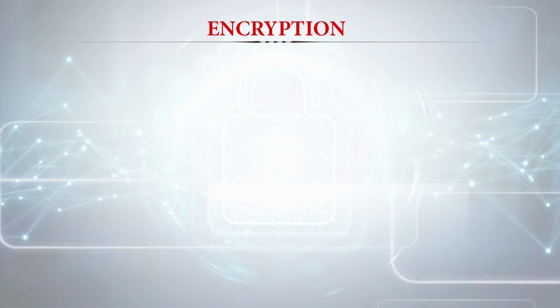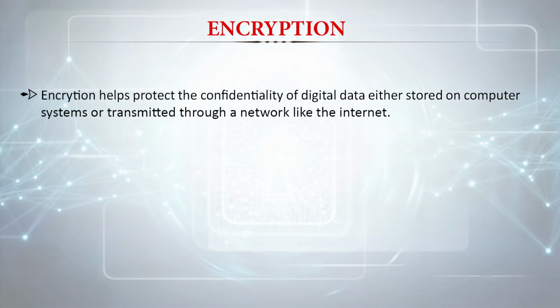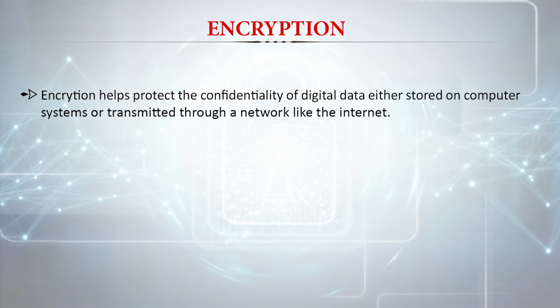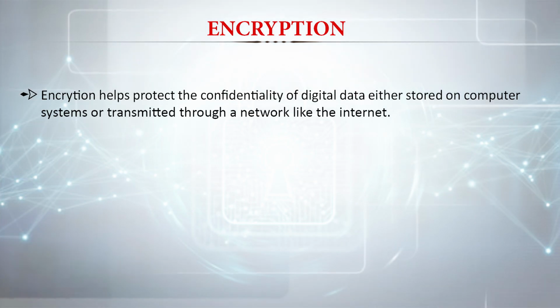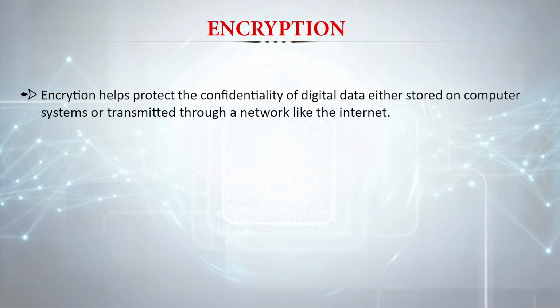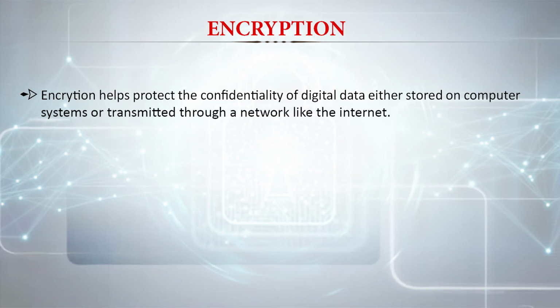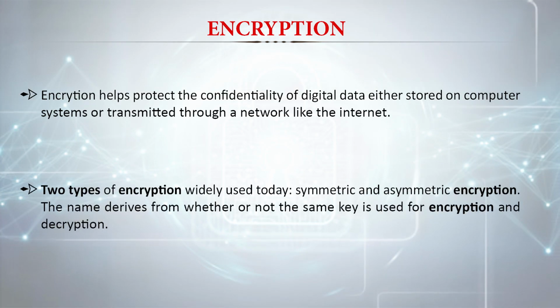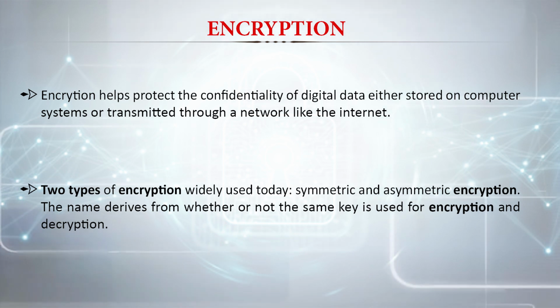Encryption helps protect the confidentiality of digital data, either stored on a computer system or transmitted through a network like the internet. Two types of encryption widely used today are symmetric and asymmetric encryption.